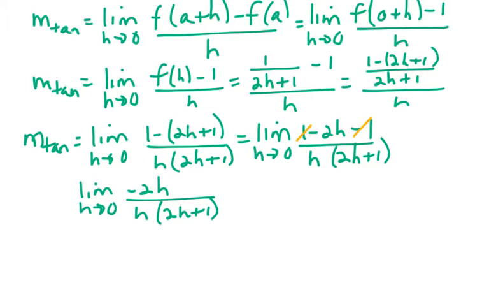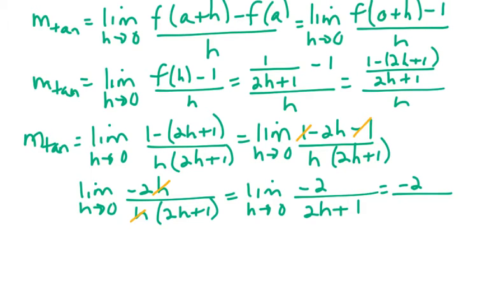And again, I can do some canceling out of the h's, and this becomes the limit as h approaches 0 of minus 2 over 2h plus 1. So now let's substitute in 0 and see what we get. This is minus 2 over 1, because that's how we resolve limits for rational functions as long as the denominator does not equal 0.